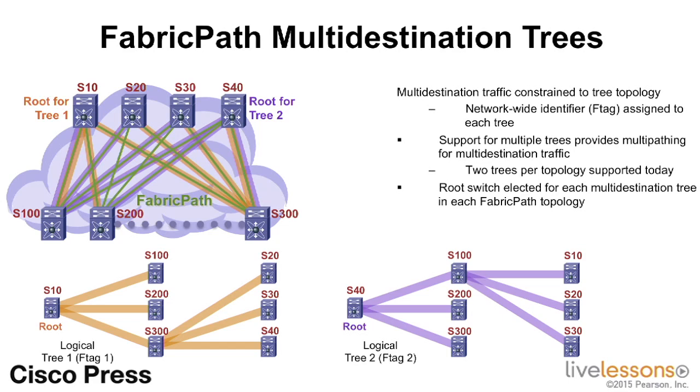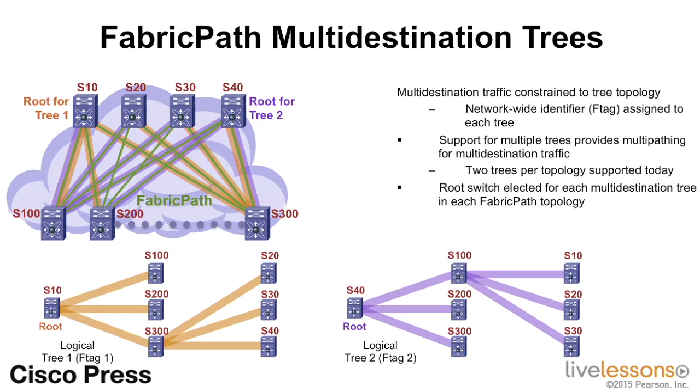Similar logic applies here to FabricPath. Even though we're not using spanning tree here, we're ultimately still building trees. You can configure and build multiple trees by placing the root switches in an L2 fabric in different locations. All the switches in this layer 2 fabric share the same view of each entire tree.